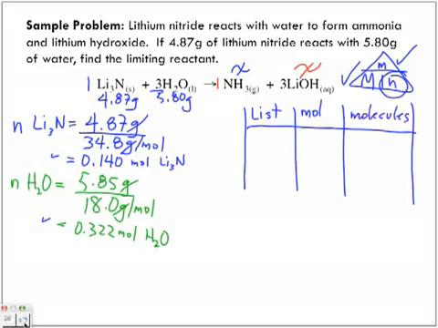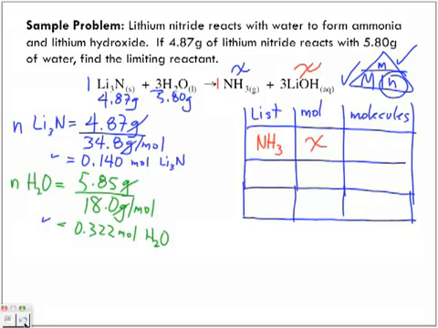Our unknown is going to be the ammonia, NH3. So we want to find out the number of moles we have of that. But now, for the rest of the table, remember we only listed 2 things, but now we're actually going to list 3 things.